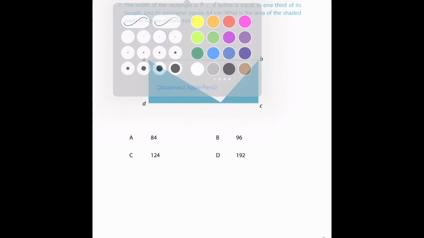So they want the area of these over here. This looks like it's going to be a long question because we need to find a lot of values. So first of all, they're saying that the width, W, is equal to 1/3 of the length, and the perimeter is equal to 64.